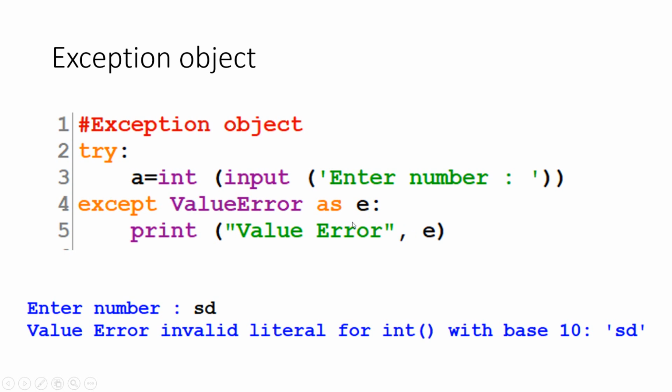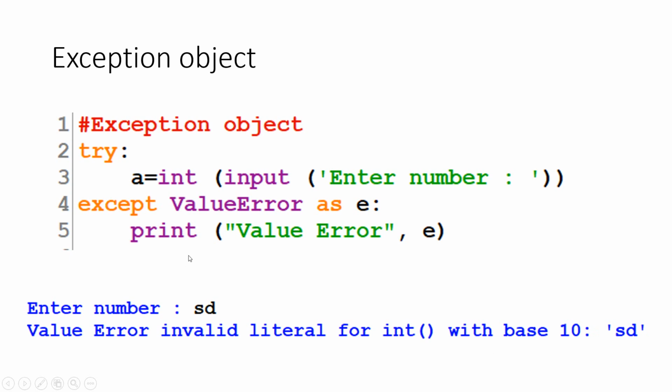So what we have done, with the help of the exception object, which is derived from the value error class, it has a mechanism to interpret and display the exception details. So it says invalid literal for int with base 10: 'SD'.